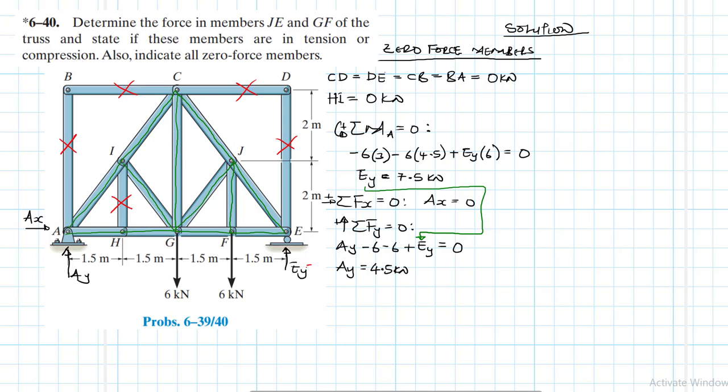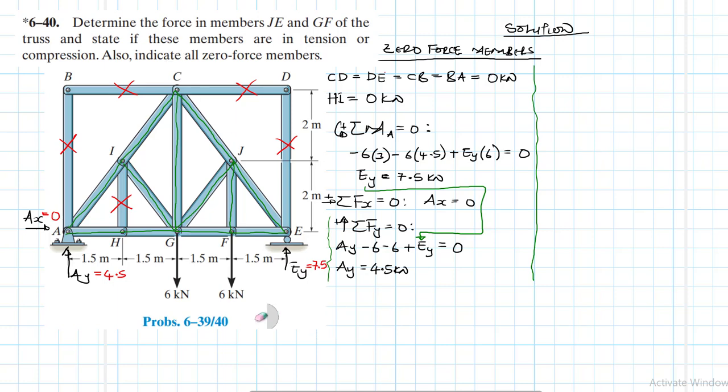We have EY equal to 7.5, and then we have AY equal to 4.5, then we have AX just equal to 0. Right, so now let's start working out the problem.